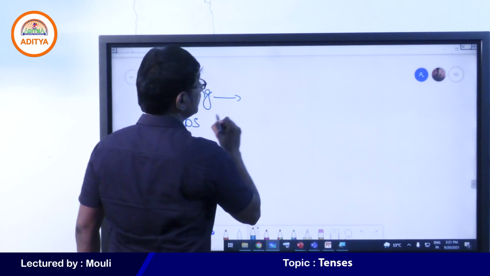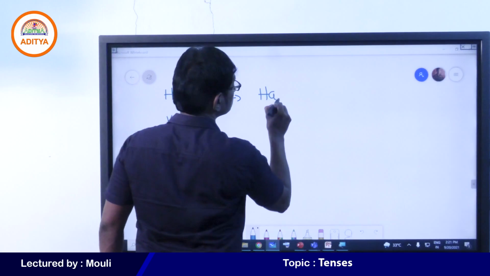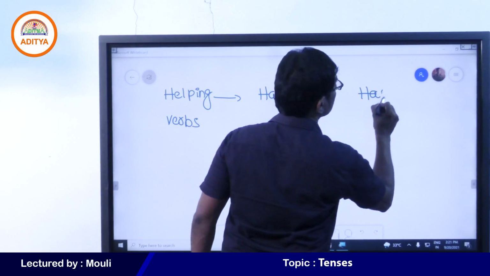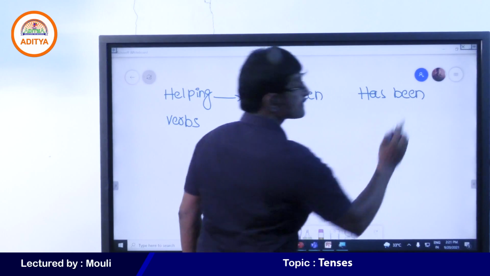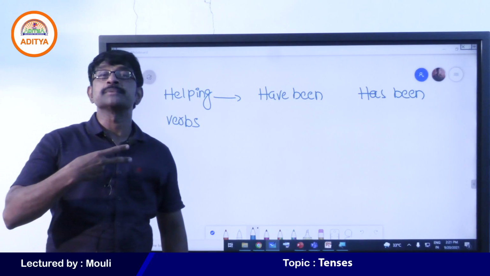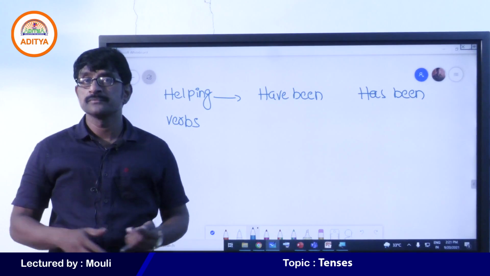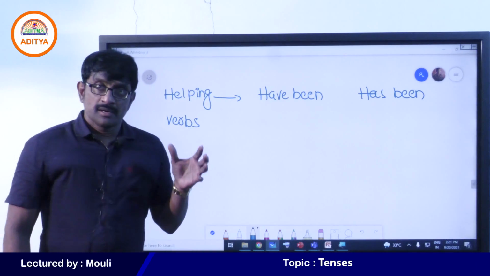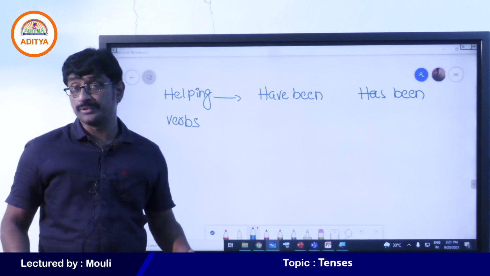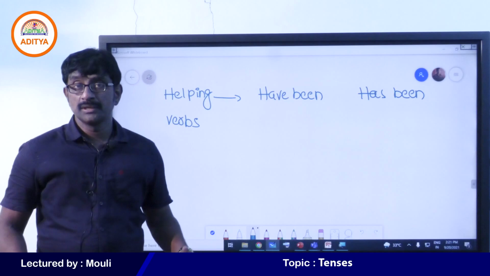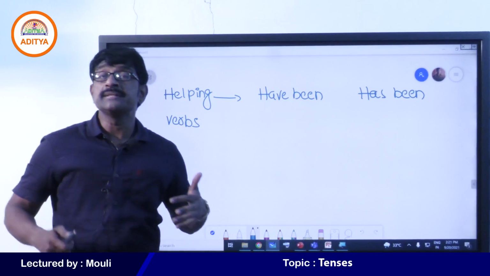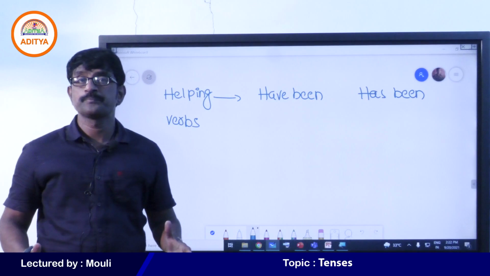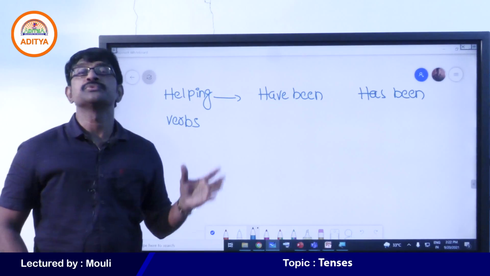Helping verbs will be have been and has been. Both are there. There are two helping verbs: one is have been and the second one is has been. Where does have been come and where does has been come? Let us now decide.